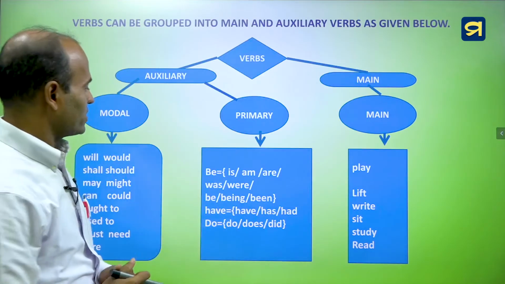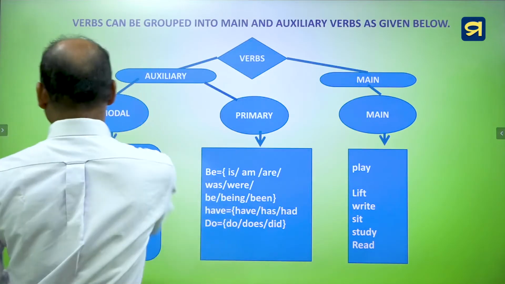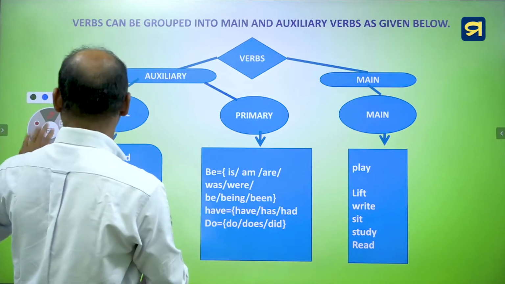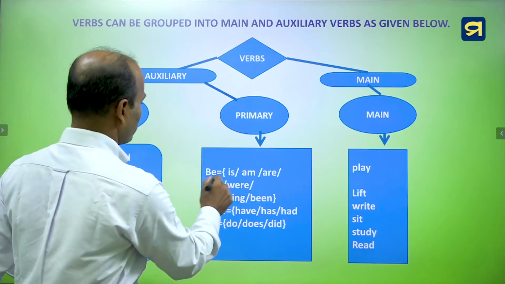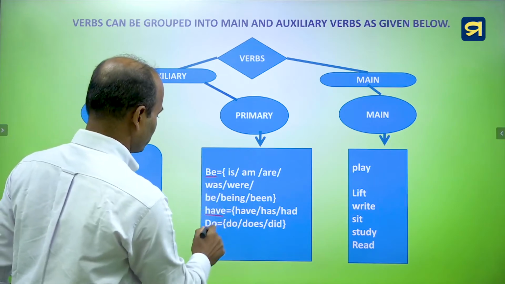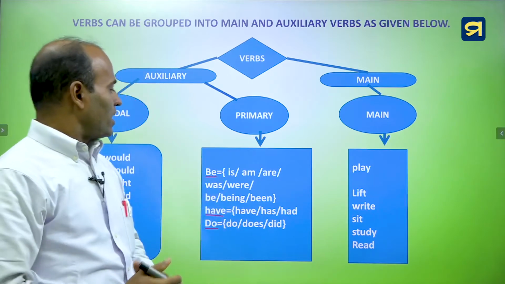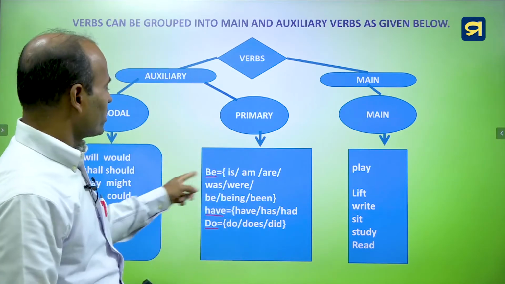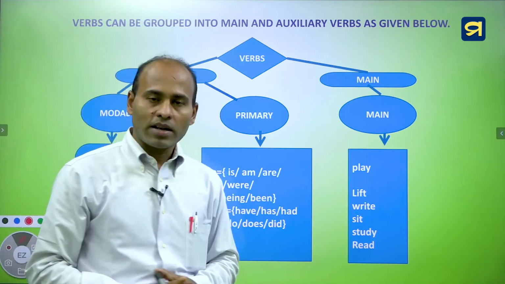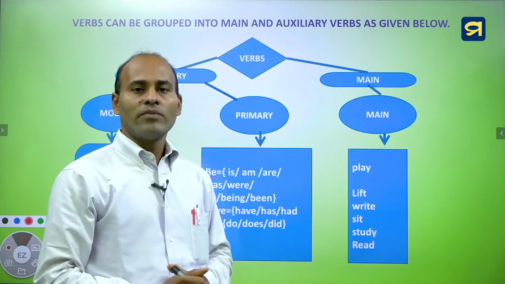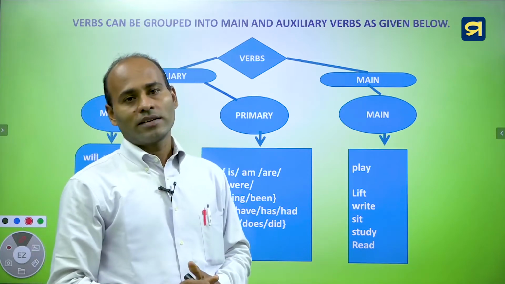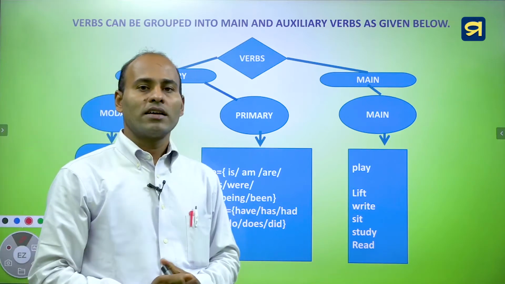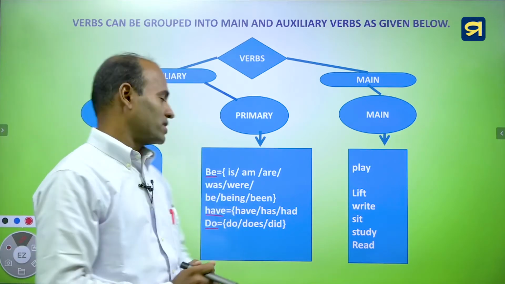primary auxiliaries. So, these three, be, do and have, are the primary auxiliaries. Along with the various forms in be, you can see that is, am, are, was, were, be, being and been are the various forms that can be used as auxiliaries in sentences.